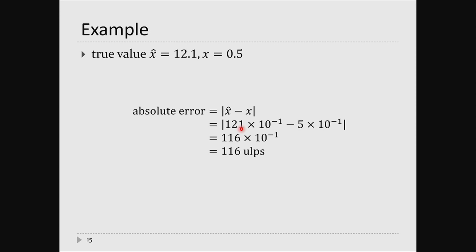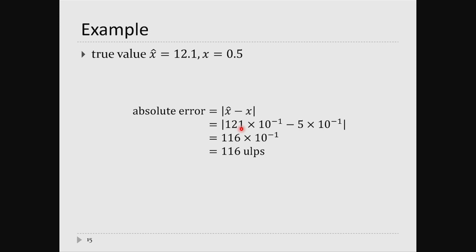Now 0.5, in our floating point representation, remember I'm going to use 3 digits for the significand, and the first digit's not allowed to be 0, so the 5 has to go there. So that's 500 times 10 to the minus 3.